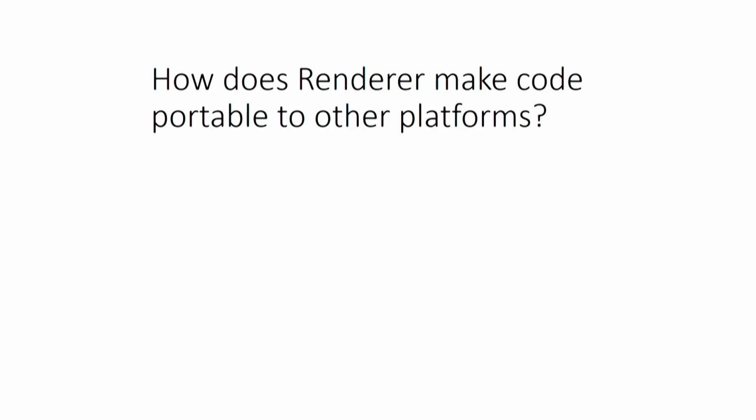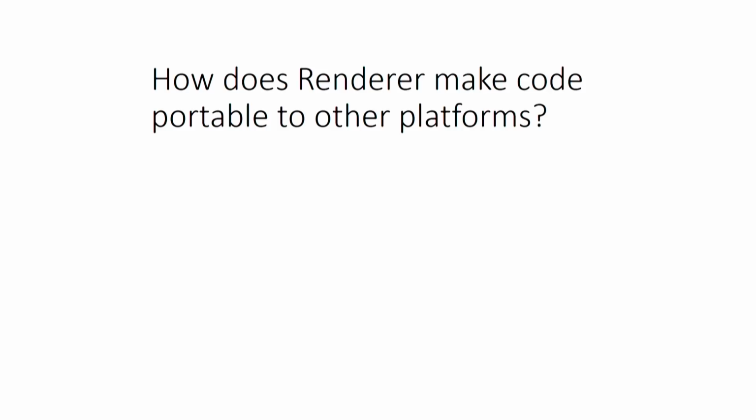Now, this is not it. I've done that, and then I started thinking, okay, but how does Renderer make our code platform independent, right? Under the hood, what is the secret? The simple answer is that the implementation of the renderer is always platform specific. So the universal platform has its own renderer implementation, and the web worker has its own renderer implementation.